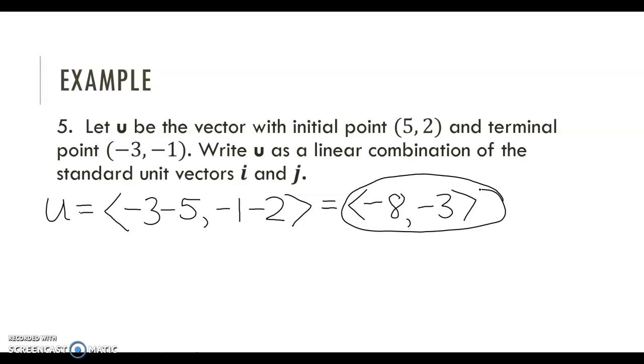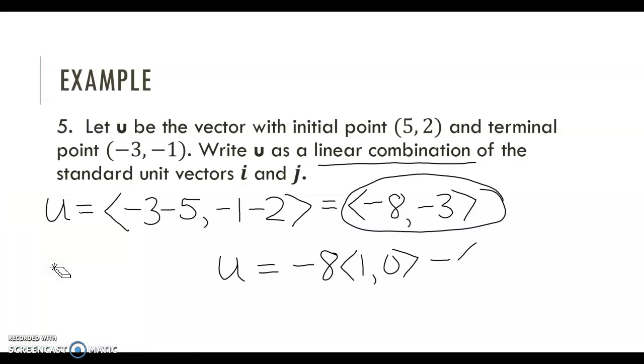So this is vector u in component form. We've already done that. Now we're going to change this component form to a linear combination of these unit vectors i and j. So remember i goes with 1, 0. I'm kind of splitting this up just so you guys can see where this is coming from. And j goes with 0, 1. Let me get that 3 that I forgot. So -8 times 1, 0, and -3 times 0, 1.